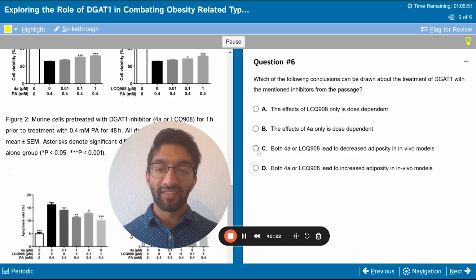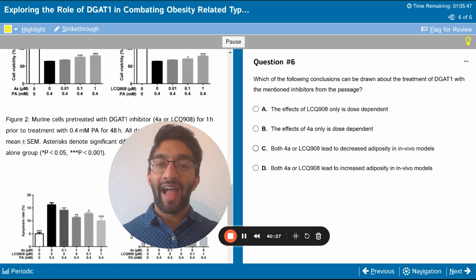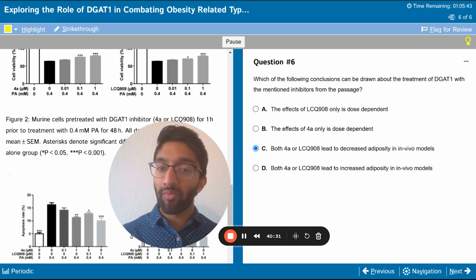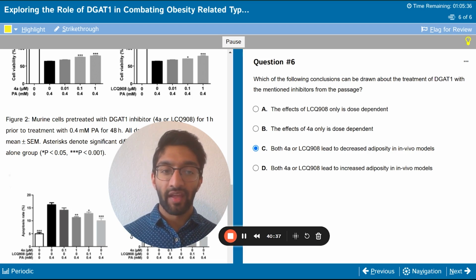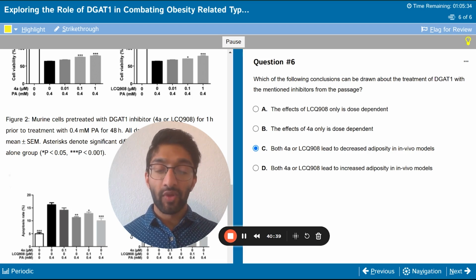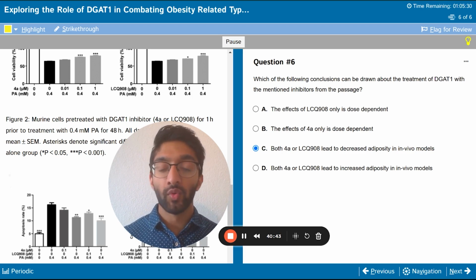The answer choice that sounds like it's combating the disorder is the right one, right? We don't want more adiposity. Even if you don't know what adiposity is, you can sort of get from the word that it has something to do with fat and adipose cells. If we have more adiposity, that's counterintuitive to what we want to do with these inhibitors.